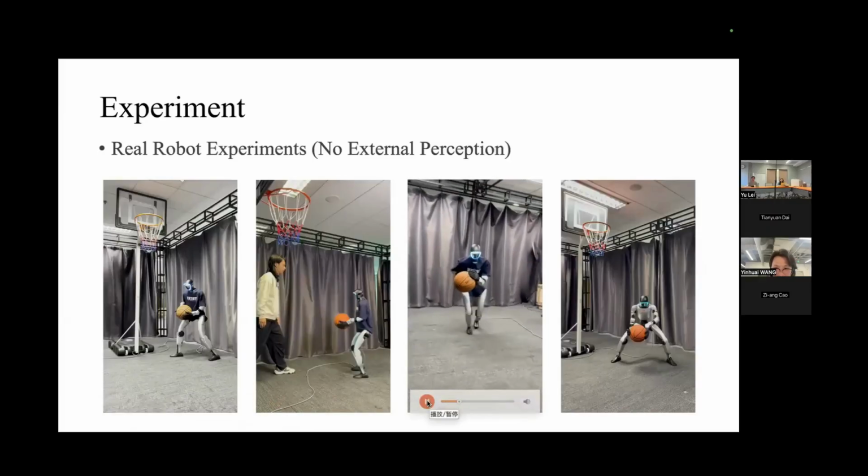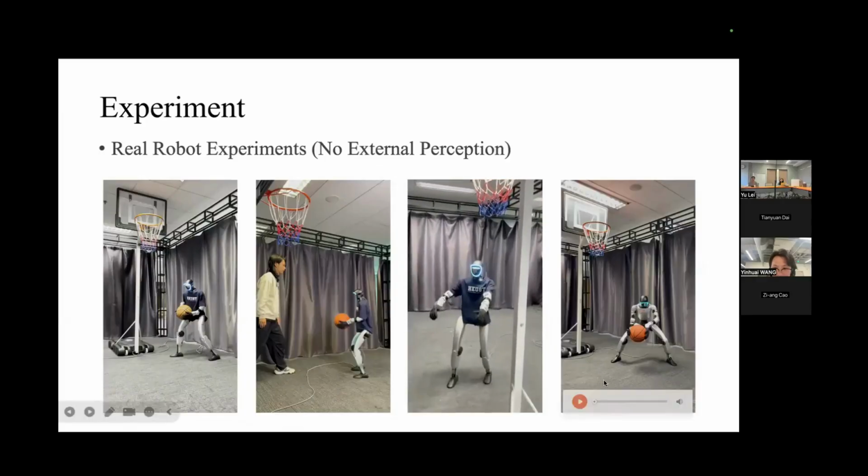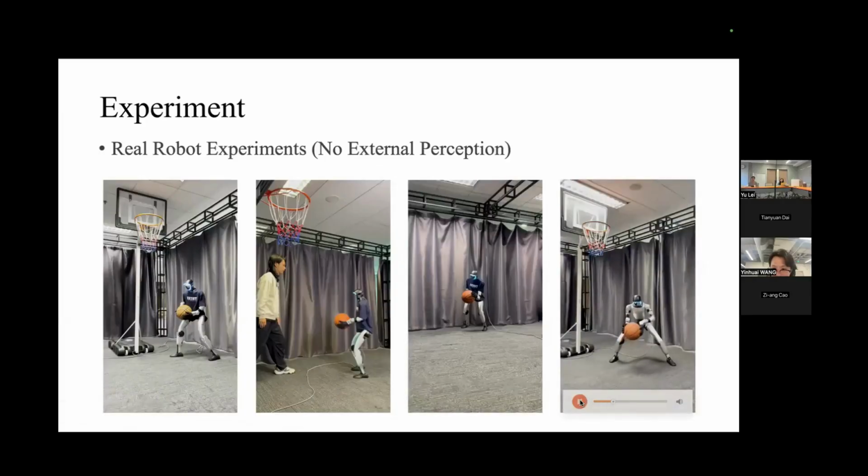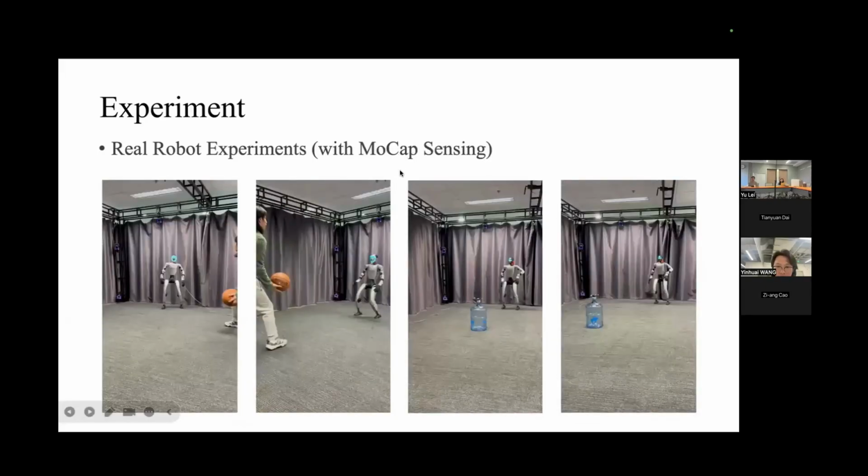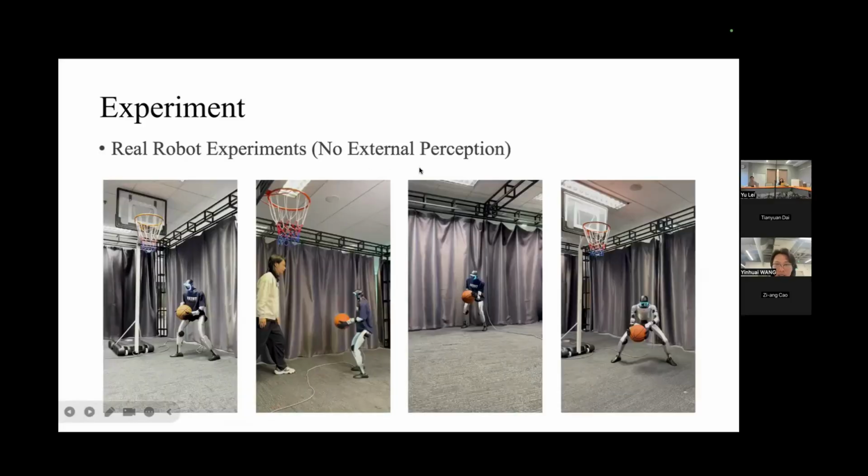And this is layup. And this is dribble. But in this mode, the robot cannot operate continuously, because once the object is not in the contact stage, it cannot feel the object.